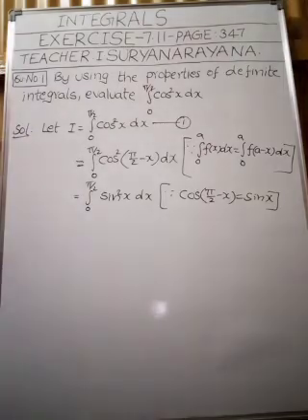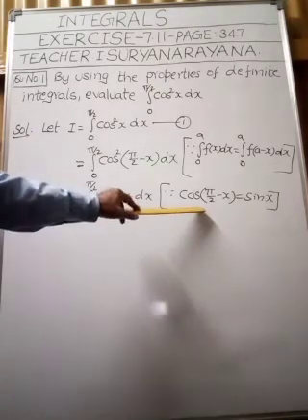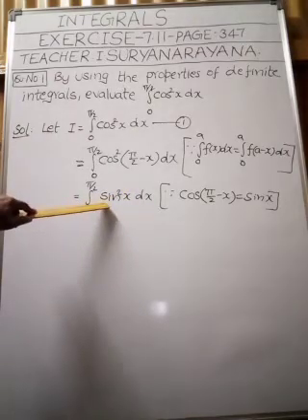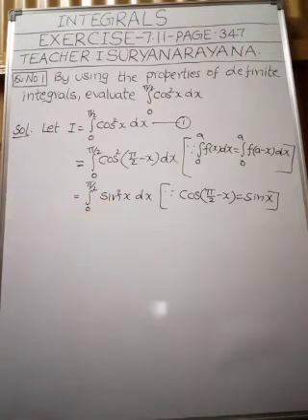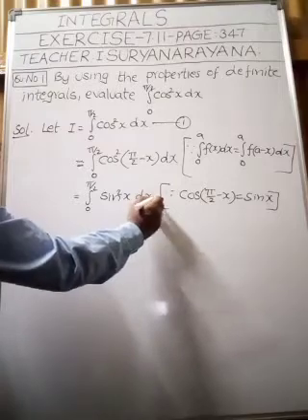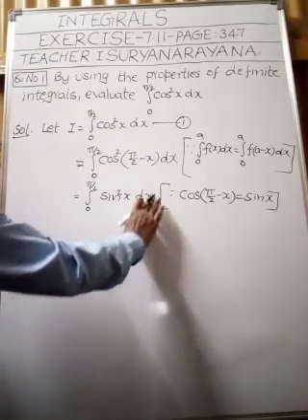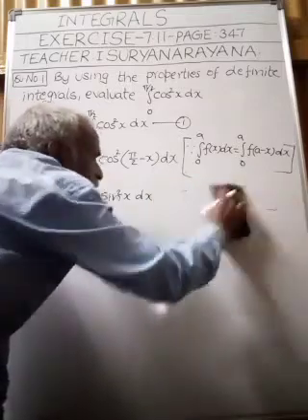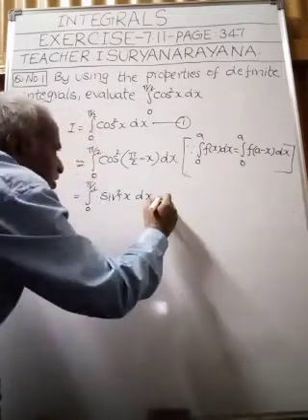Cos 90 minus theta is sin theta. By using this formula, we get sin square x. Okay, my children, understood this one? Let us consider this is the second result.